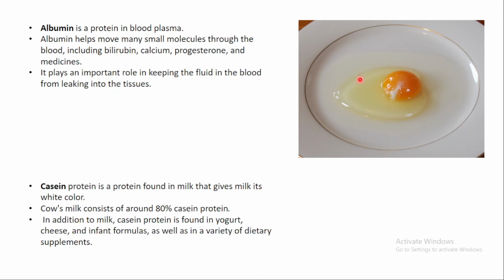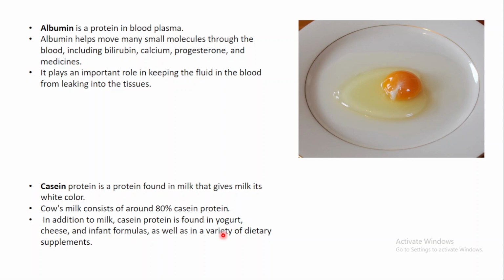Casein. Casein is a protein found in milk that gives milk its white color. Cow's milk consists of around 80% casein protein. In addition to milk, casein protein is found in yogurt, cheese, and infant formulas, as well as in a variety of dietary supplements. So all milk related food items and dietary supplements have the protein casein in them.